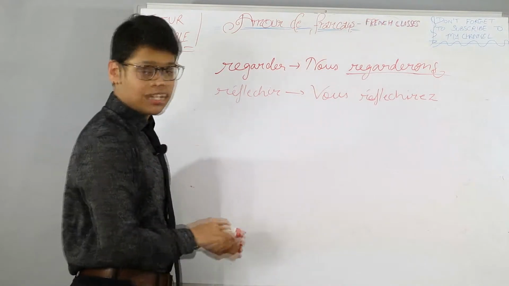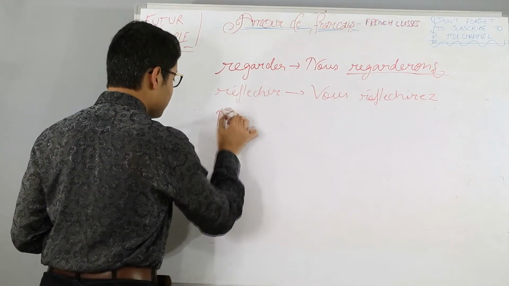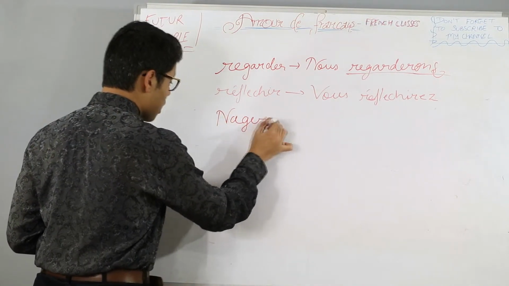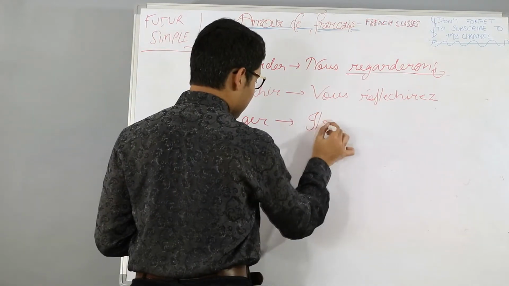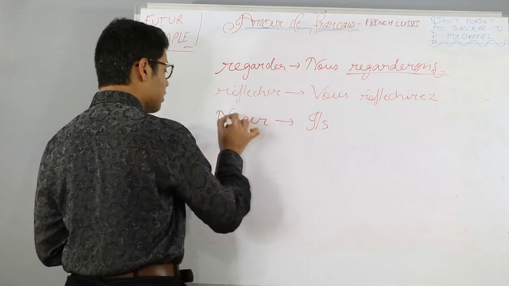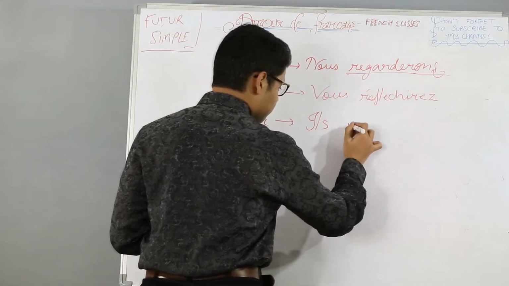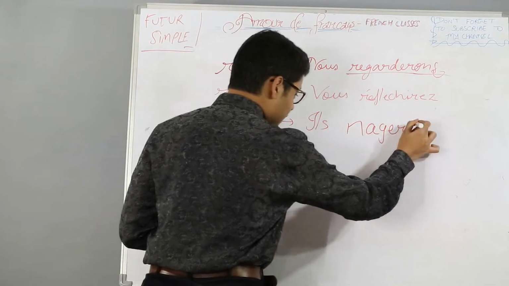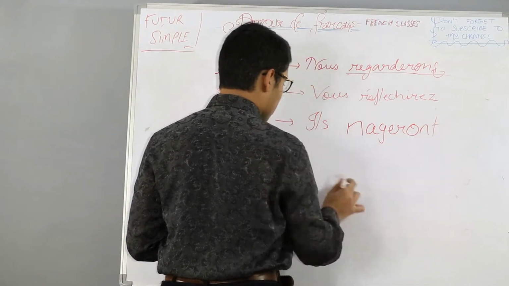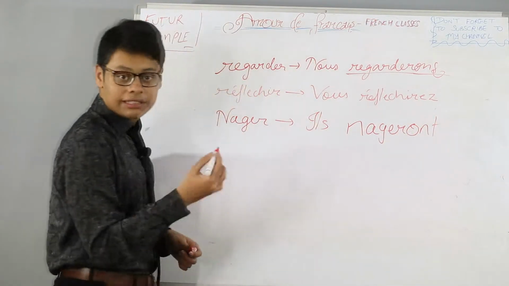Let's take GER ending verbs. So nager, which means to swim, let's form with ils, which means they. First write the infinitive, nager, and then ont, the ending. Ils nageront, they will swim.